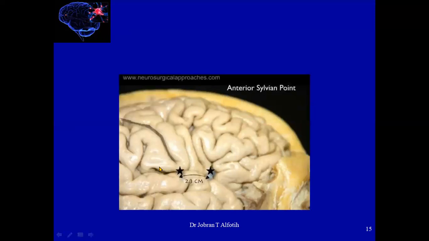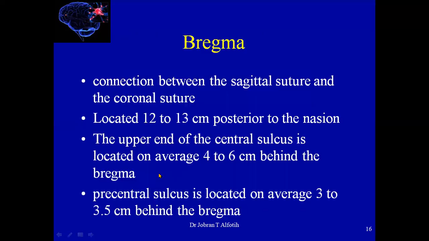It's called the subcentral gyrus. It's found in 80% of people, and in 20% of people we cannot find this gyrus. Only in these people does the central sulcus extend to the sylvian fissure.